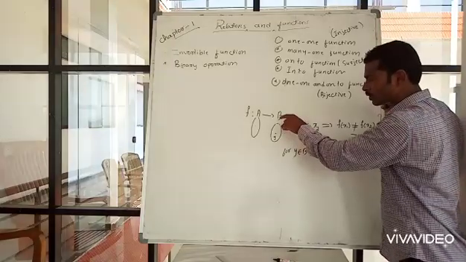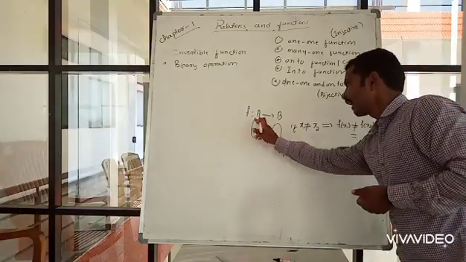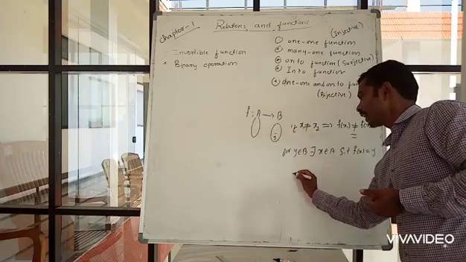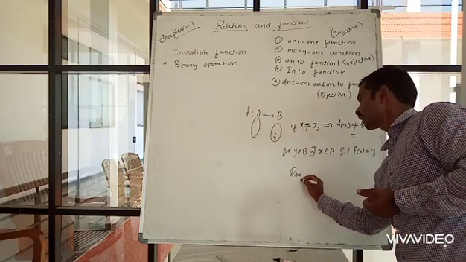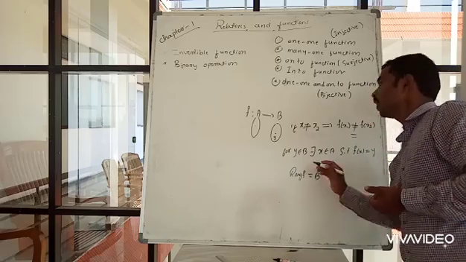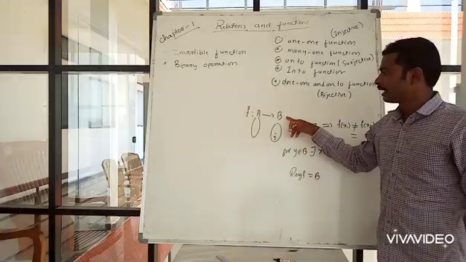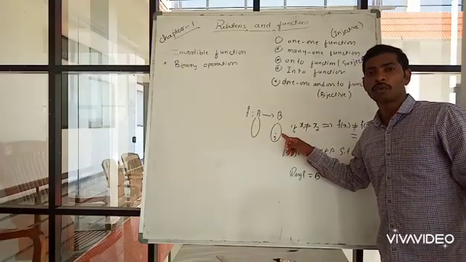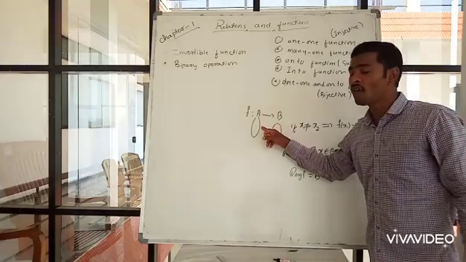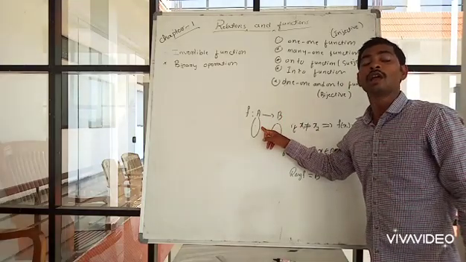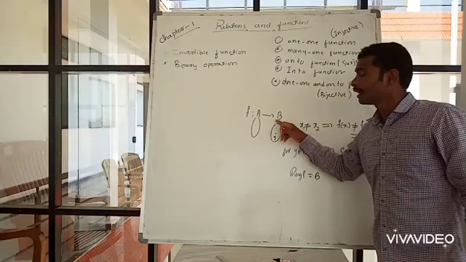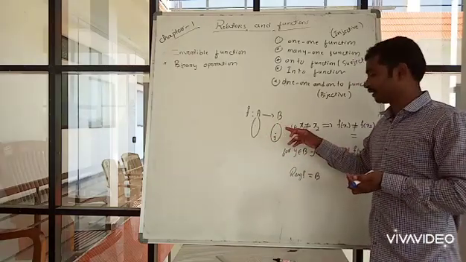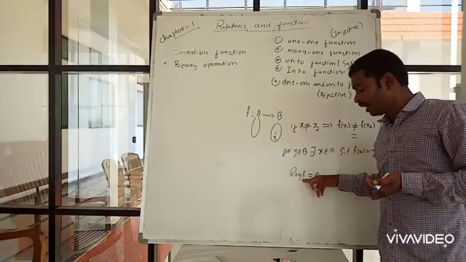So the onto function can also be defined as follows: any function from set A to B is said to be onto if the range of f is equal to the codomain, because the condition is that each element of the codomain is the image of at least one element of the domain. The elements present in the codomain are the set of all image elements, which is nothing but the range set.